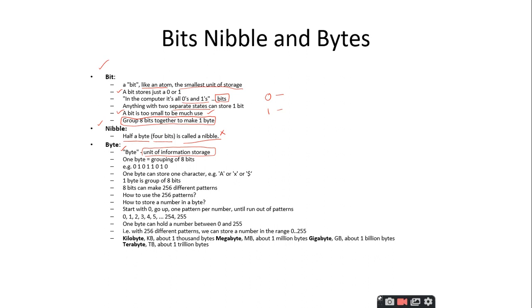A combination of 8 bits is called a byte. So 1 byte is a grouping of 8 bits. This is an example, we have 8 bits here. One thing you have to understand is that 1 byte can store 1 character.